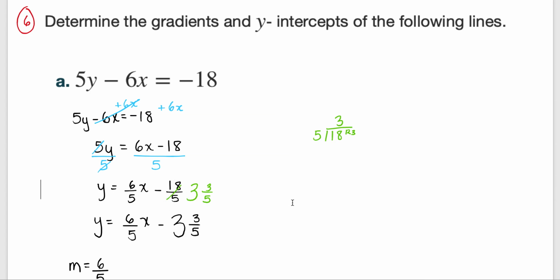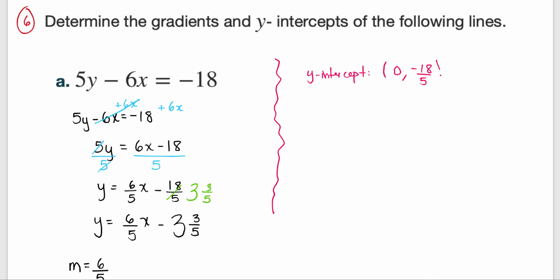So I got that my y-intercept, what the CAS is giving me, I'm going to write it here. I know that my y-intercept is negative 18/5. I'm going to write it like this for a moment. And then I'm going to find my x-intercept.